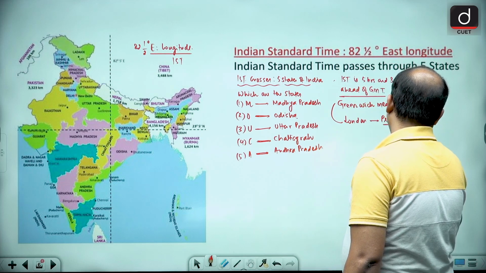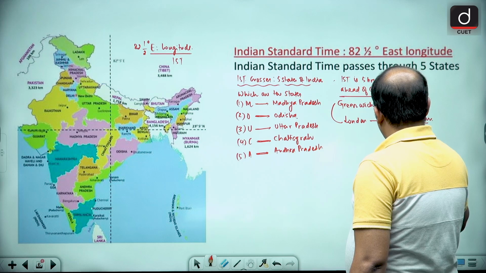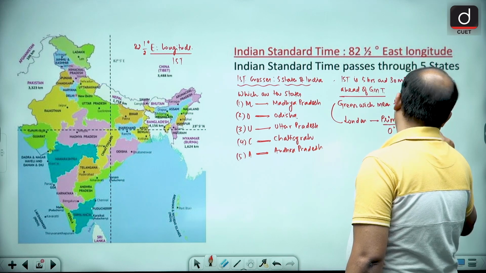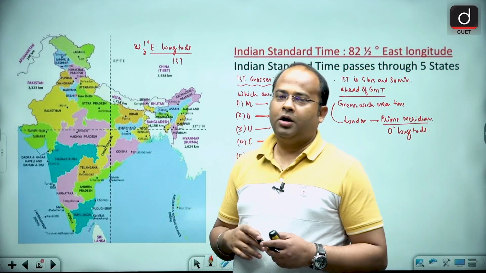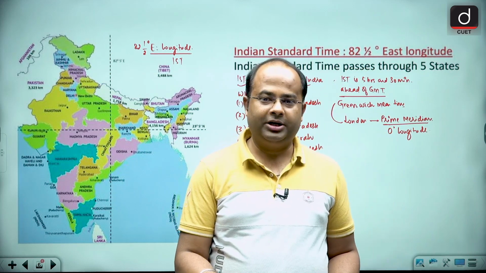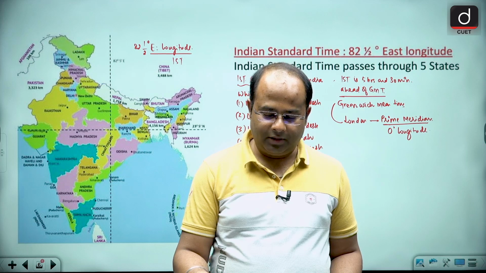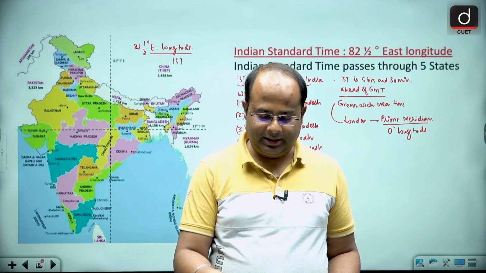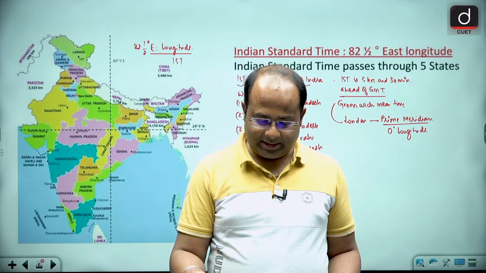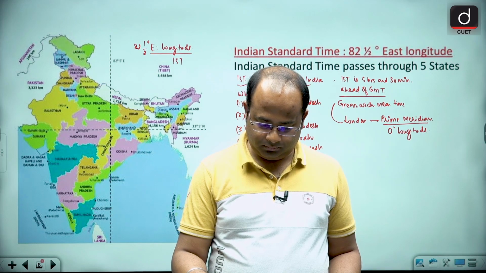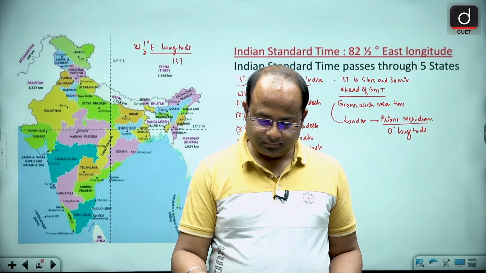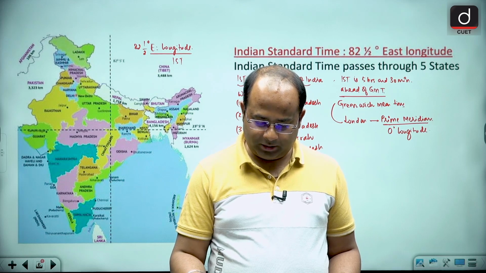The prime meridian is 0 degree longitude. So by the time there is midnight in GMT, that is in London, in India it will be 5:30 AM. I hope that is clear to all of you.